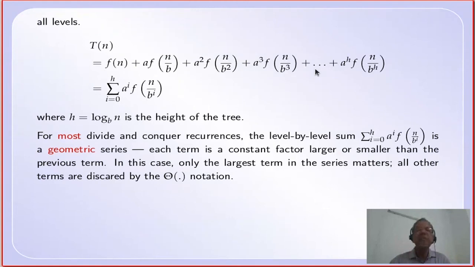Let me make life a little easier. Instead of f of n, let me say it is a polynomial n power c. We have a, b, c.